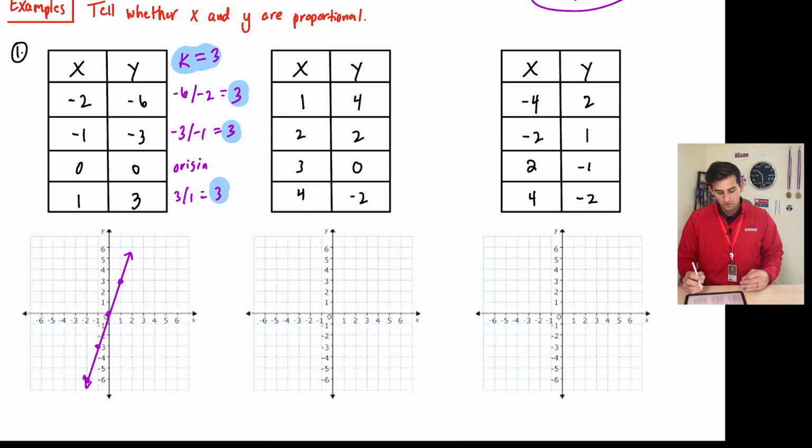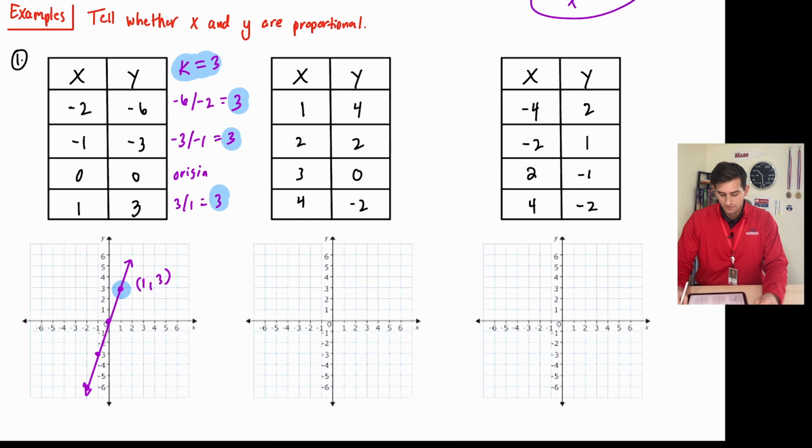And notice, when we look at our graph, what point is located when x is 1? That is the point 1, 3. So we can also figure out what k is by looking at the corresponding y value when x is 1. Okay, let's look at the next example.